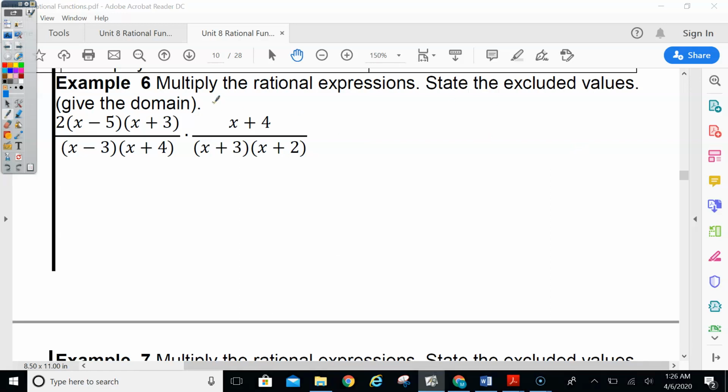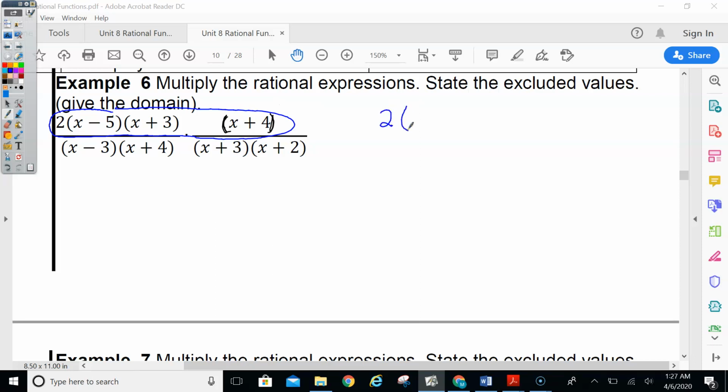Okay, so we're multiplying these two things together. When we multiply, first we factor. Notice these are already factored. Actually, I'm going to put this in parentheses so that it looks like a factor. All I do is combine everything in the numerator together, all the tops.